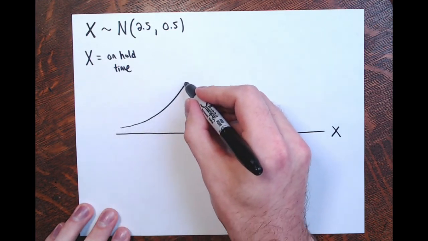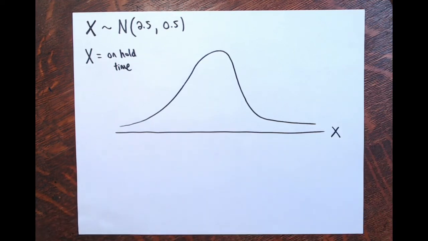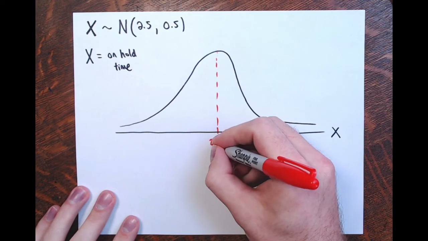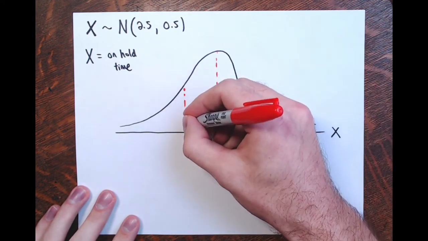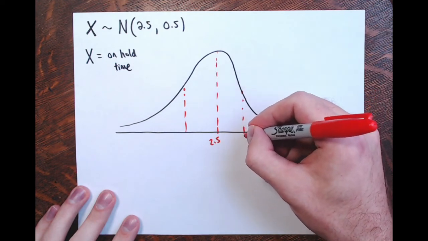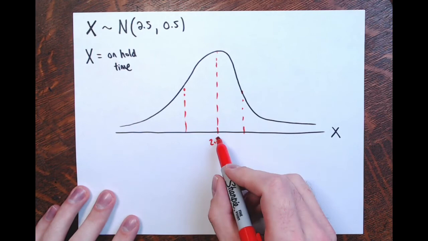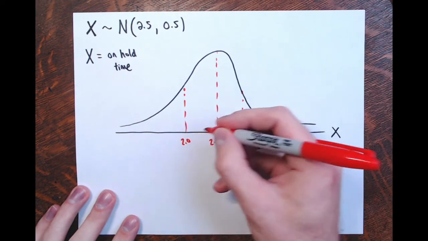Got this symmetrical bell-shaped curve. Mean value of 2.5 minutes. And then underneath these inflection points, sorry, this isn't perfect, but these are 1 standard deviation away. So that's 3.0, here's 2.0, and so on.